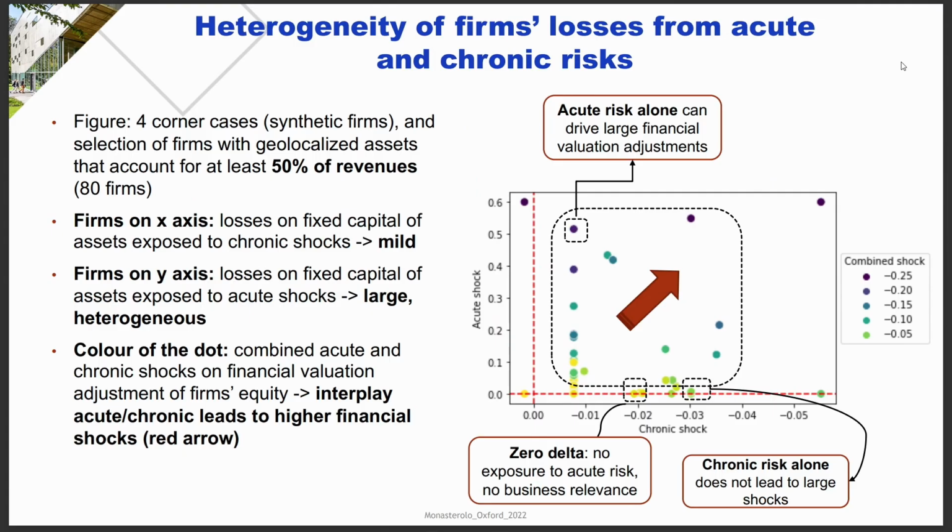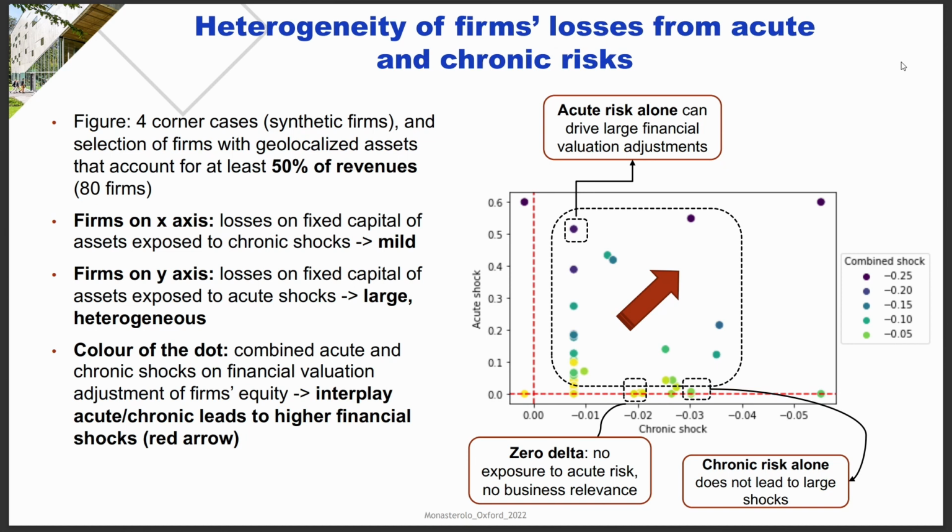Here are some results. So how to read the graph? In the figure, you can see 4 corner cases, which are the extreme dots, which are synthetic firms, and a selection in the center of firms with geolocalized assets that account for at least 50% of revenues of the firm. So these are the assets that are a major contribution to the performance of the firm.